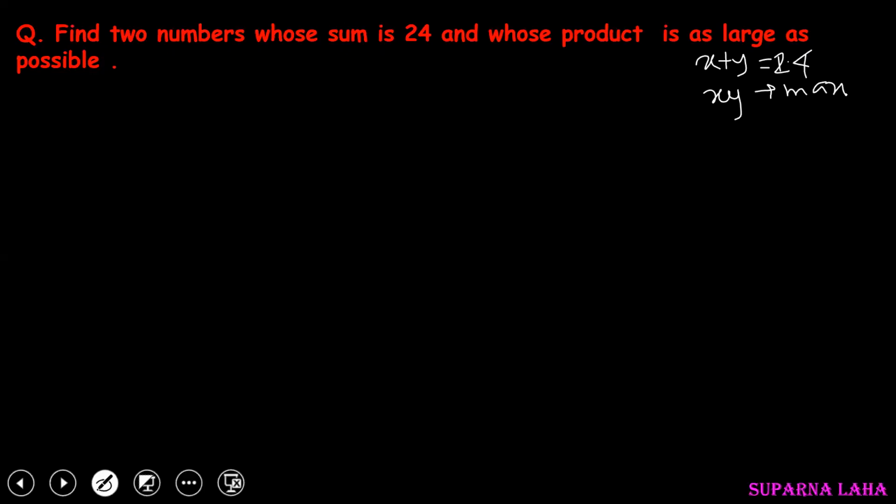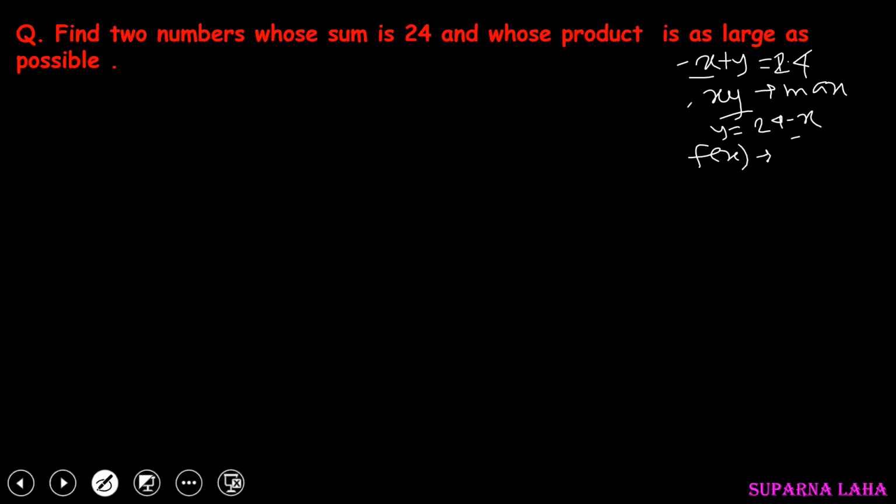First of all, we have to convert this function f(x) into the form of x. So from here we can find y is equal to 24 minus x, and put this value here. So we will find the function f(x).